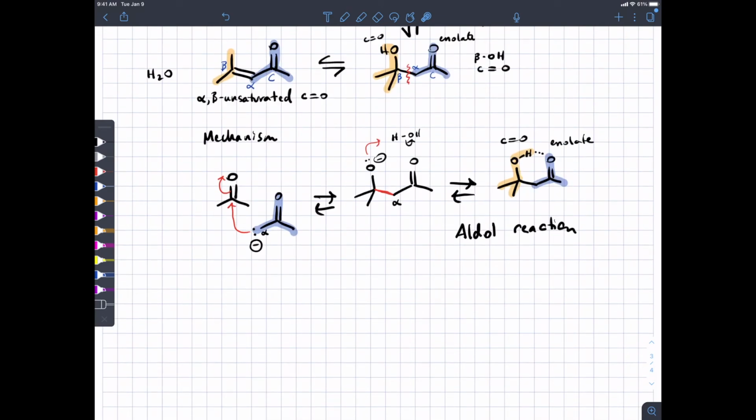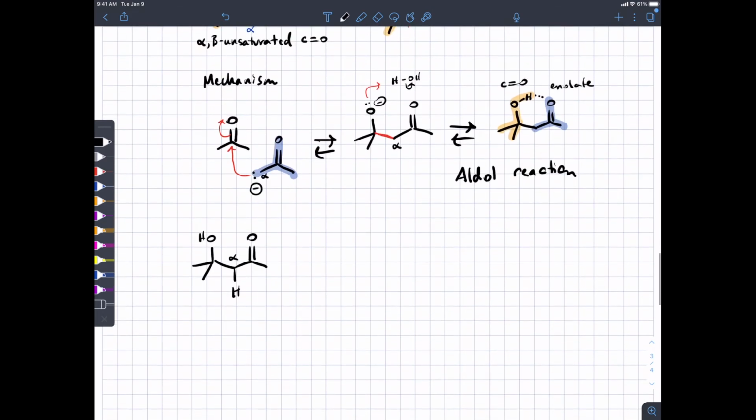So instead, the mechanism is a new version of elimination that you haven't seen before, though it should make a lot of sense. The first thing that happens that's fast is that some of your base in solution removes a proton to make an enolate here at the alpha carbon.